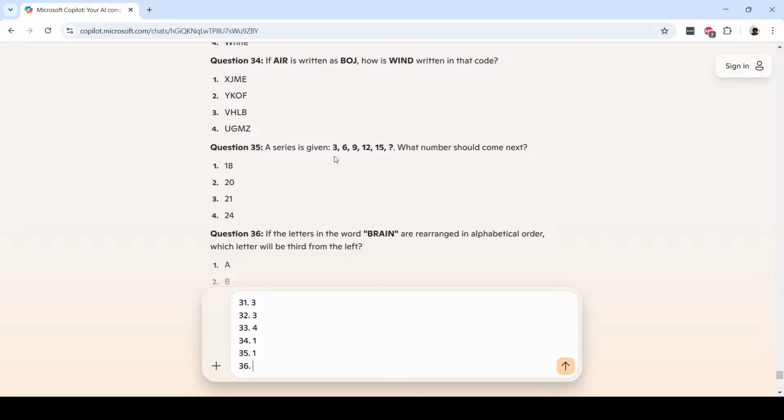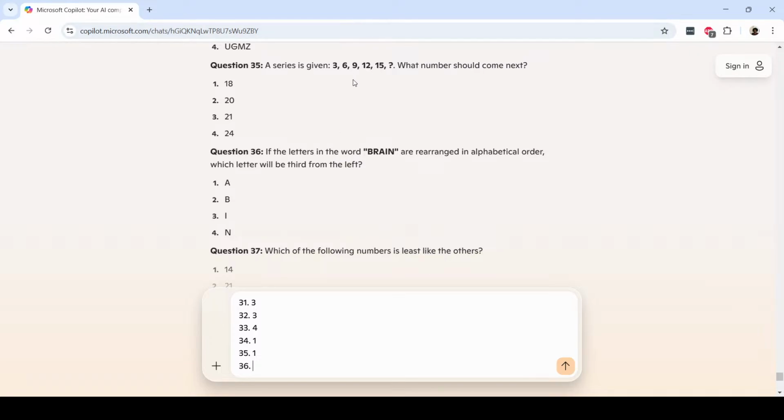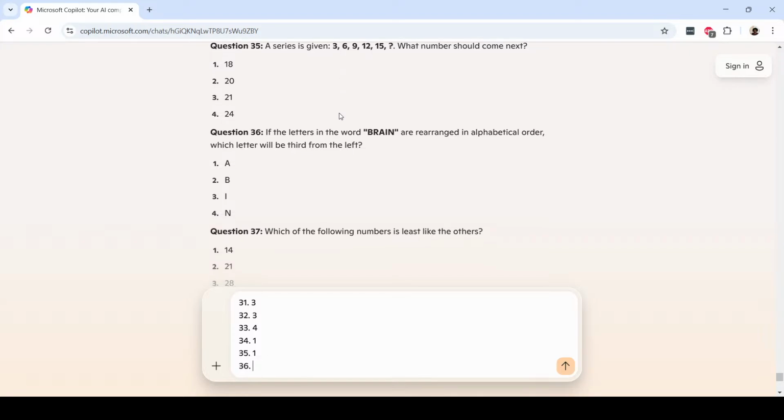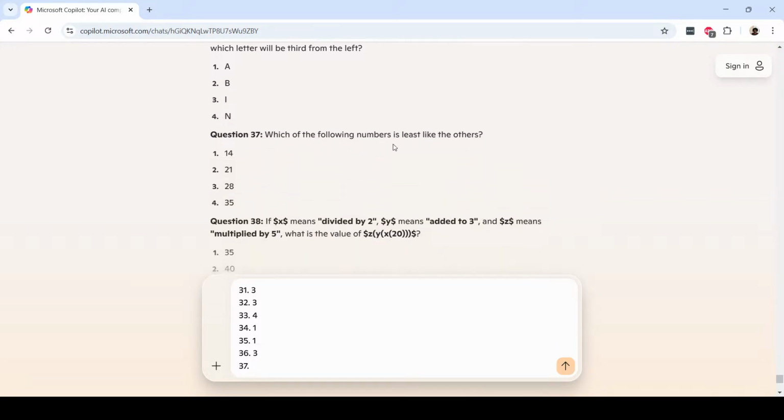Sometimes we just overthink on this kind of questions. Okay, we try it differently, then we just need to see the numbers and find out. Okay, if the letters in the word brain are rearranged, which letter will be the third from the left? So again A B we have already gone, and then I is the only one left, so I. Which of the following numbers is least like the others? Okay, again.